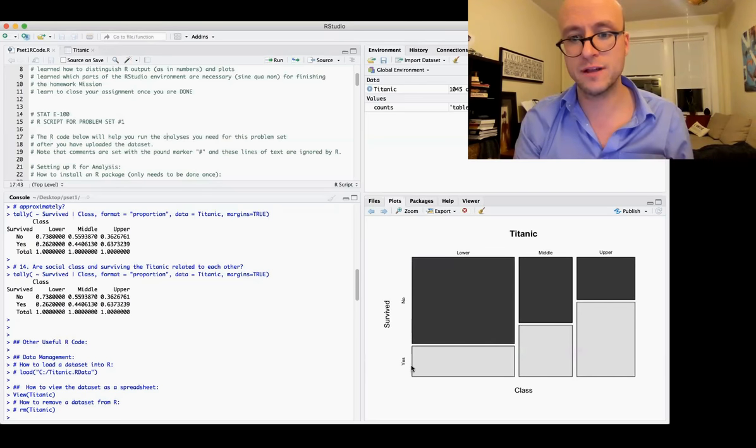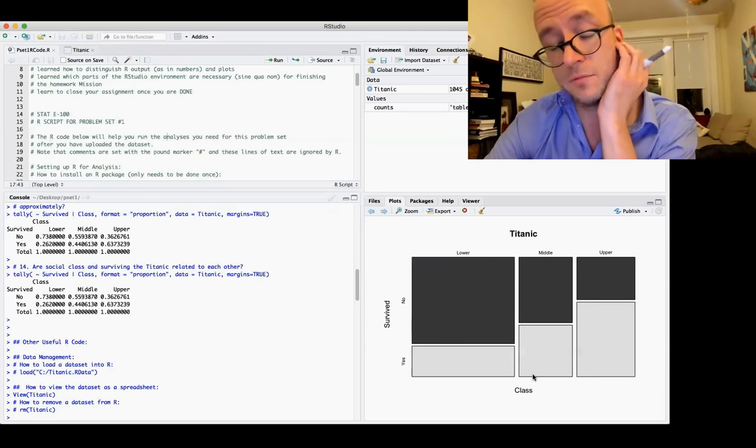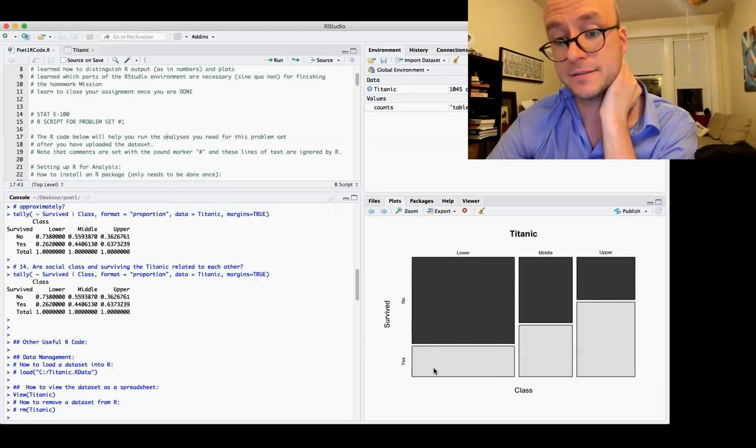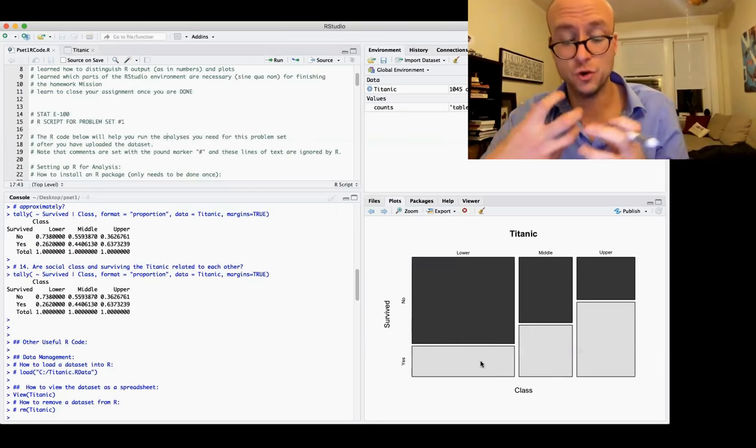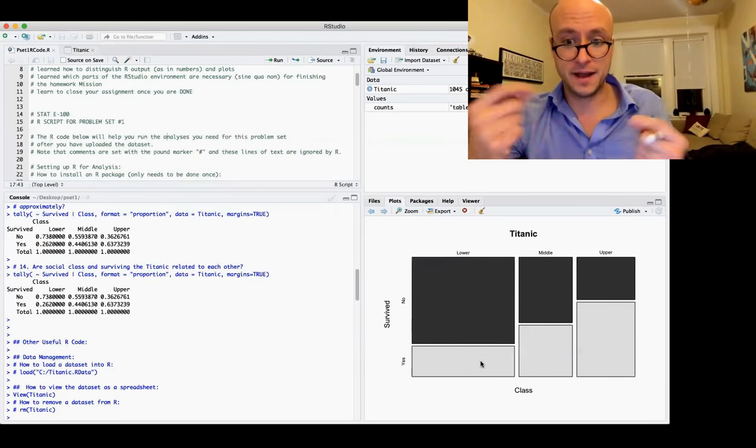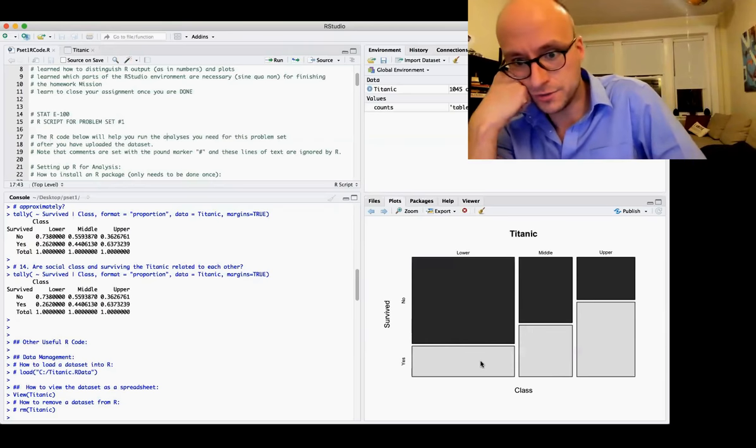Just take a look at the relative sizes of those tiles here. This is a rather oblong tile, and this is a rather square tile, but they give you an indication of the relative size of each group as defined by the intersection of two categories.